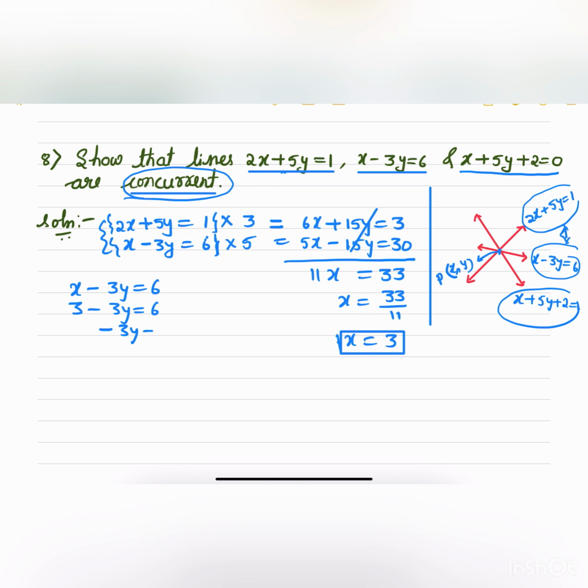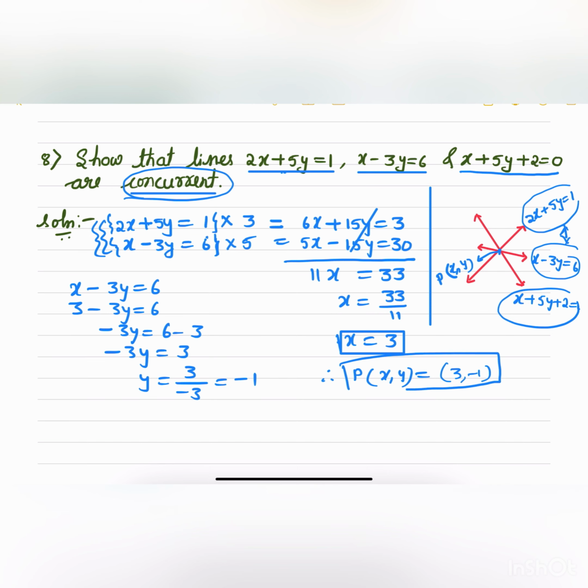Minus 3y is equal to 6 minus 3. Minus 3y is equal to 3. y is equal to 3 by minus 3, that is minus 1. Therefore, P of (x, y) for these two equations is (3, minus 1).